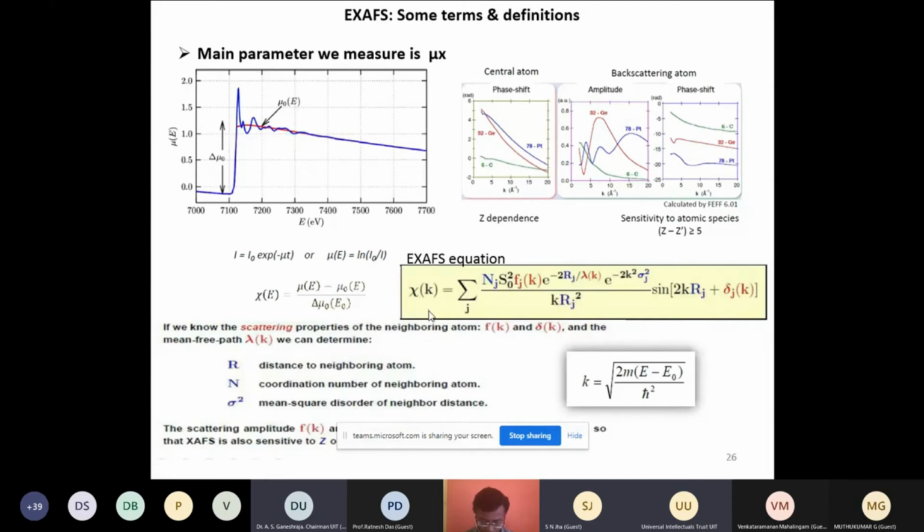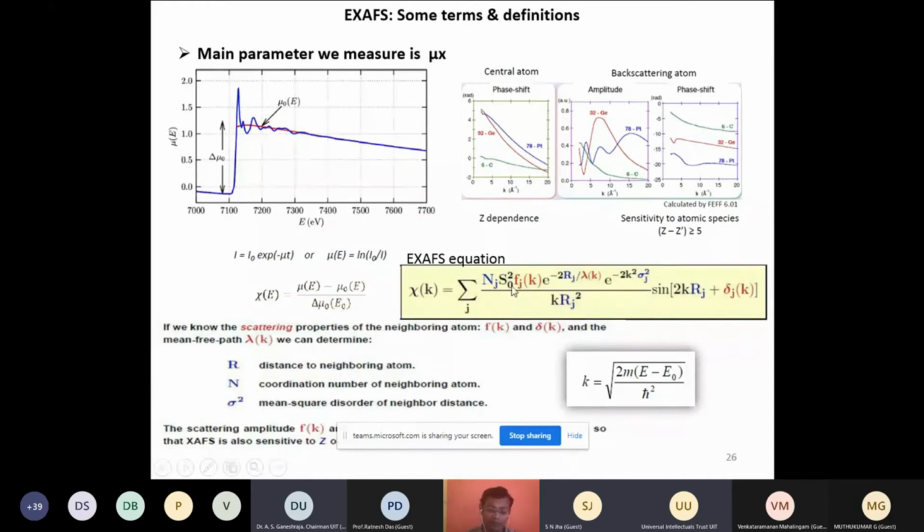the dipole matrix element and other factors like core hole lifetime, phase shift, other scattering factors, etc. In this you can see various terms like N, the coordination number of neighboring atoms. Then we have S0 squared, which is a geometric constant for the experimental geometry.